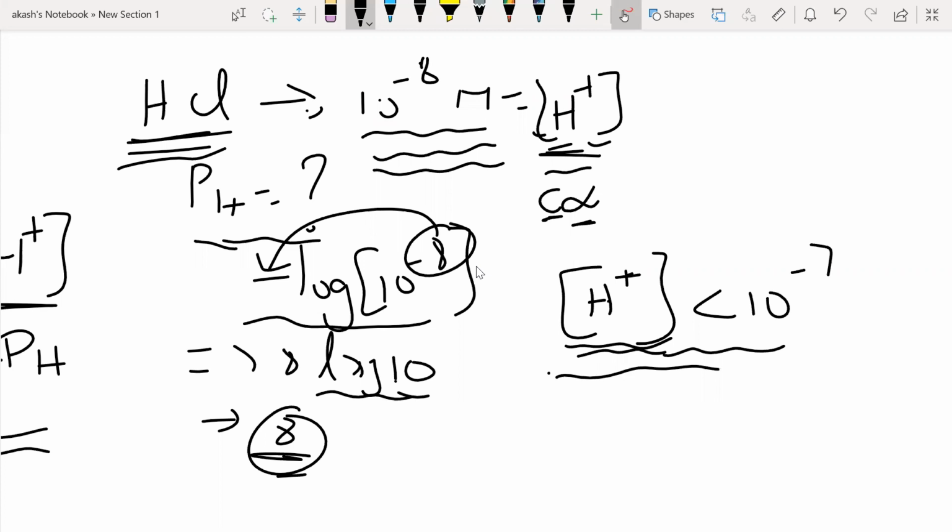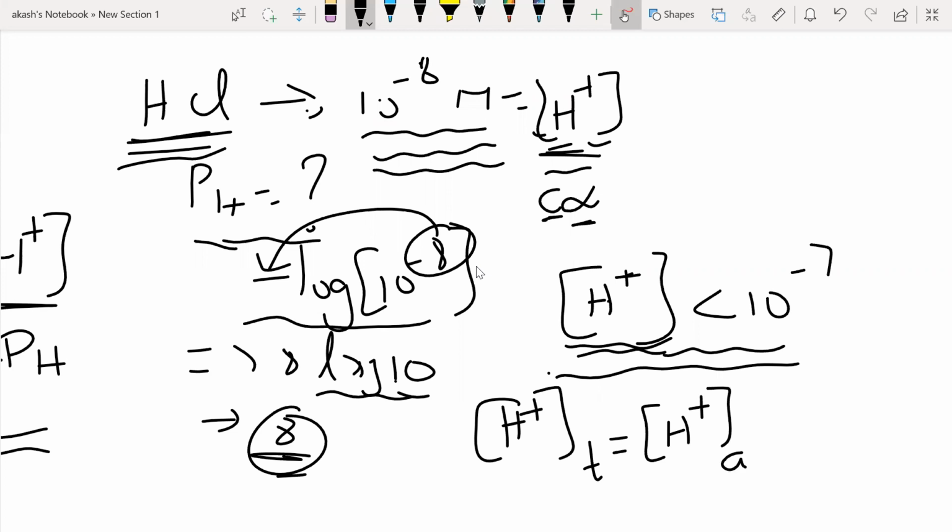So whenever you have H plus concentration from the acid lesser than 10 to the power minus 7, the total H plus concentration, I'll write it as H plus T, represents total H plus concentration, should be equal to the H plus concentration from the acid plus the H plus concentration from the water, W.